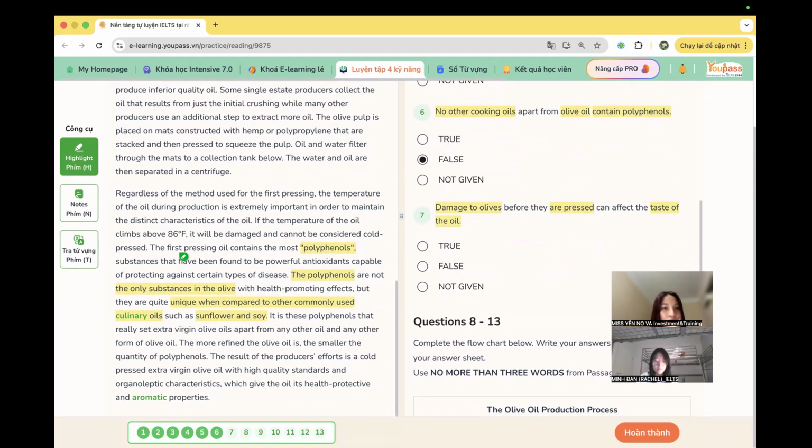So I will continue up a little bit here because I see damage. You can read this. If the temperature of the oil climbs above 86 Fahrenheit degrees, it will be damaged and cannot be considered cold press.